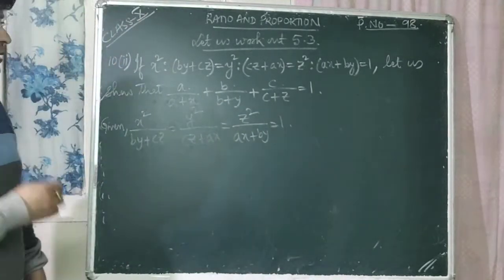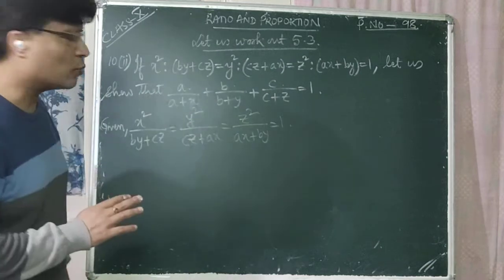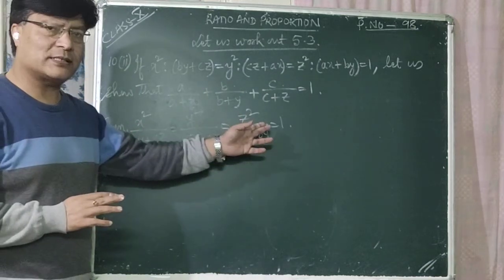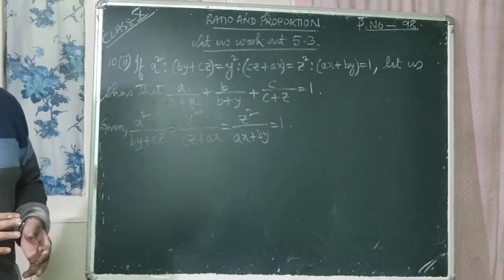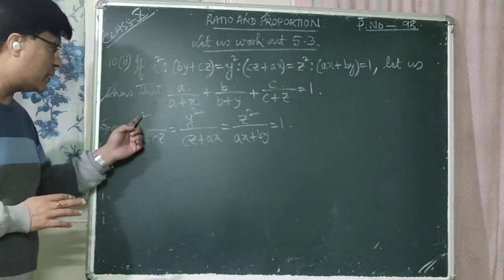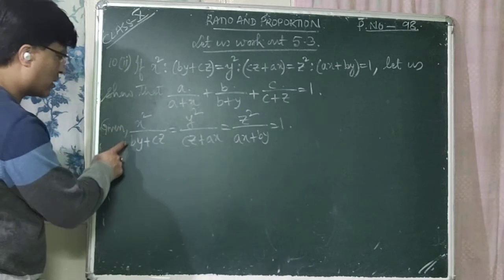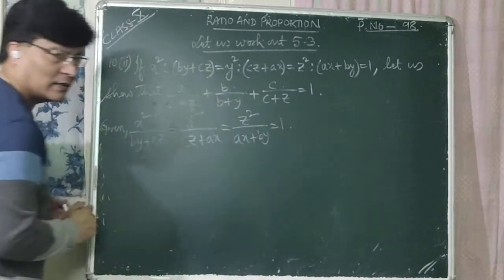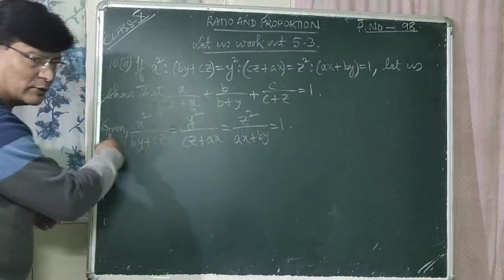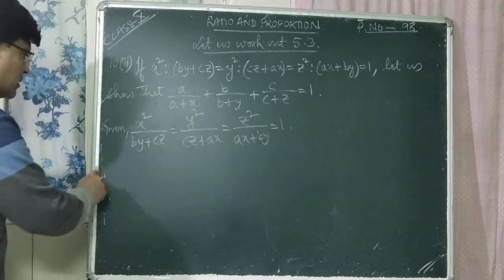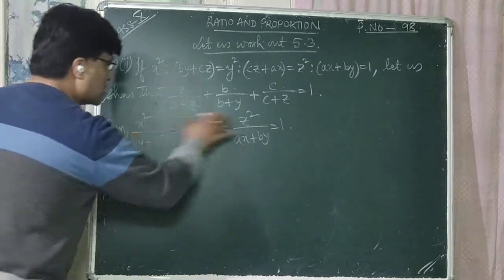So now in this case, let us equate first and last to get the value for x square. You can get the value for x square here by cross multiplication. That means we can equate x square upon by plus cz is equal to 1. Then by cross multiplication you can get the value for x square, isn't it? That is equating first and last.